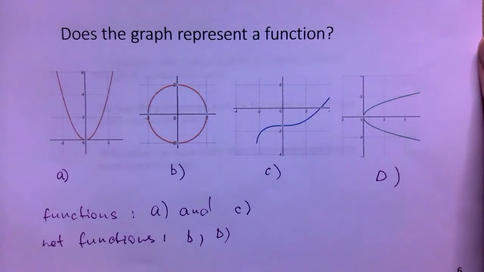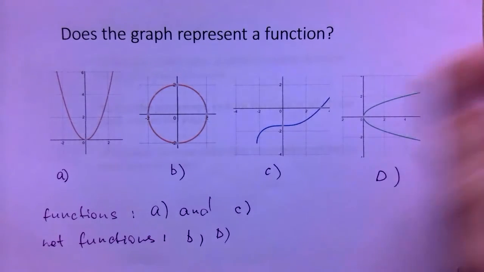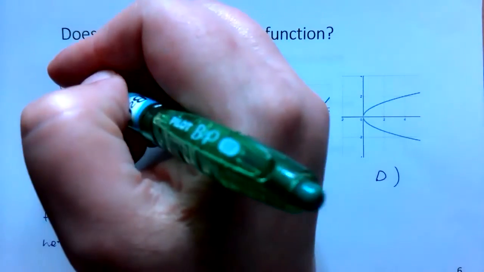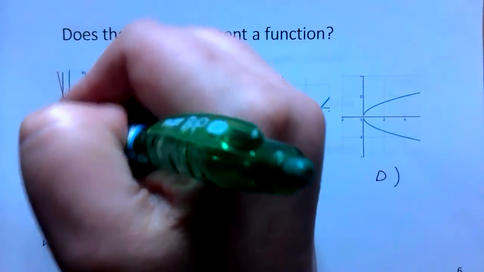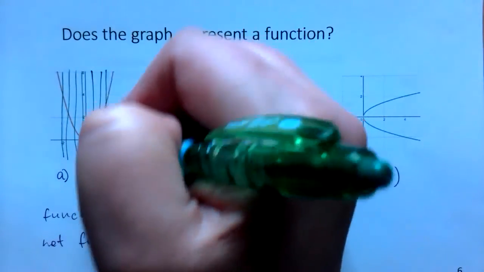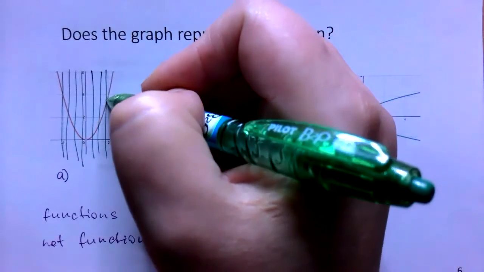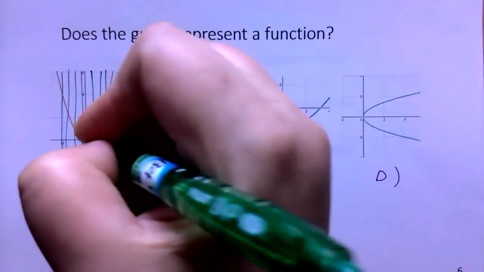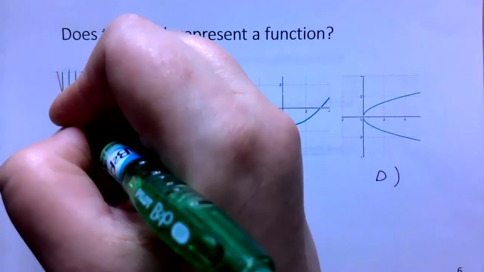Well, if we try to draw vertical lines for A, we could draw multiple vertical lines. We could keep drawing them as much as we want to, but each vertical line will hit the graph only once, no more than once.